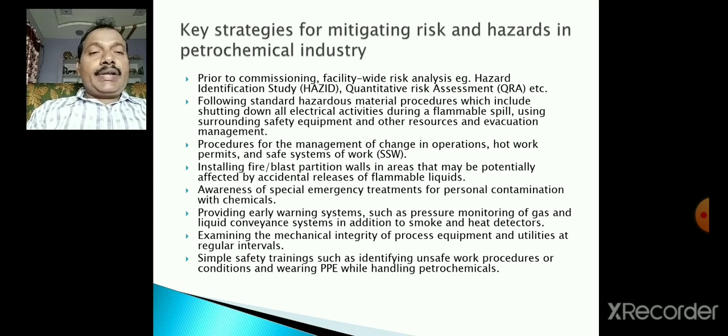So contact with those dangerous chemicals must be avoided. So such instructions and manuals are to be prepared and given to the workforce.